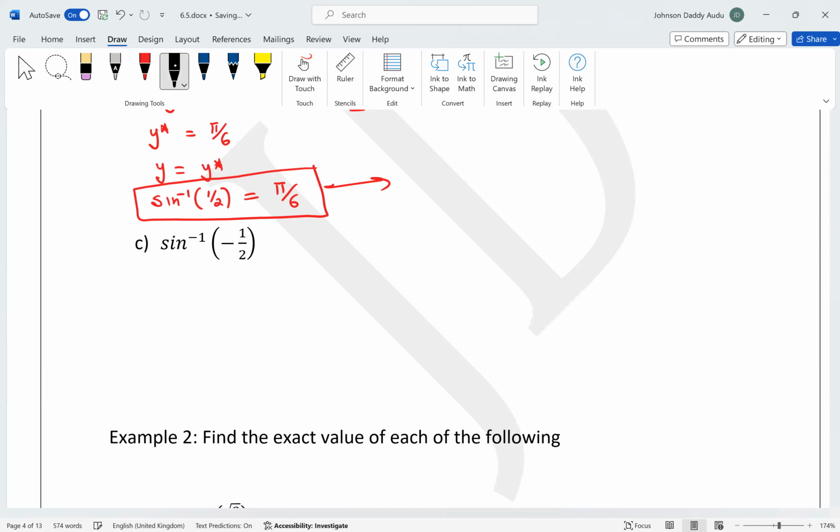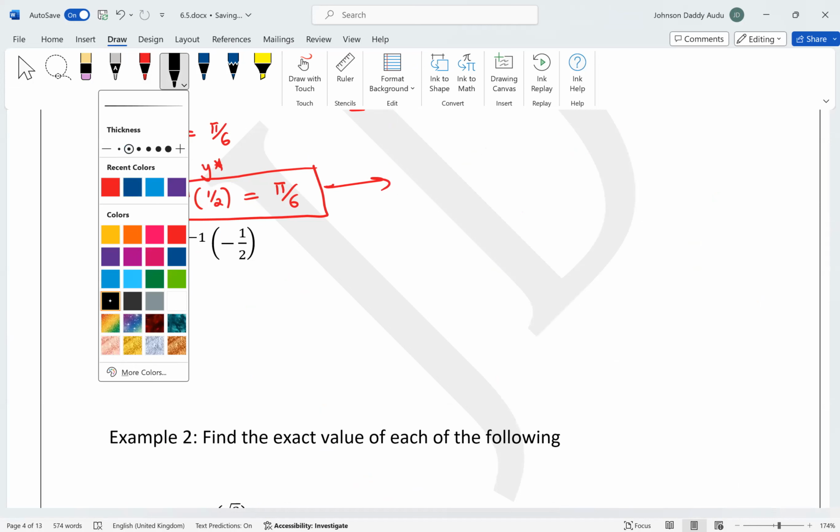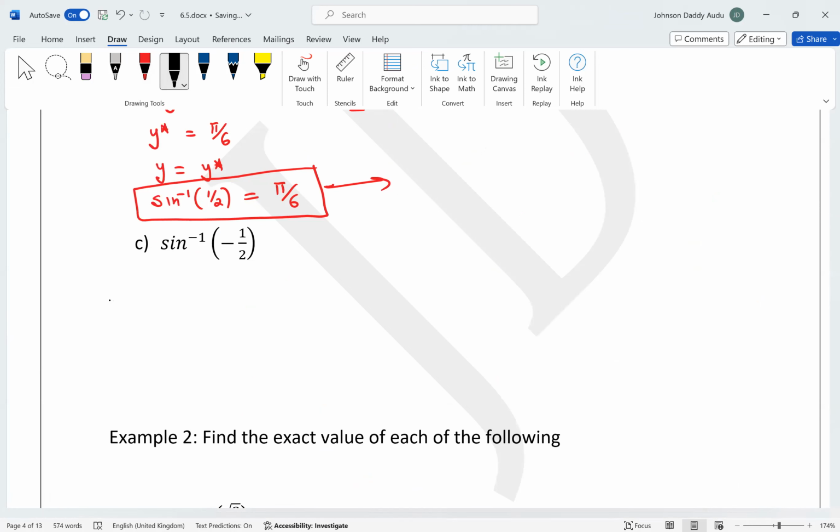If you take the sine of both sides, let's take sine of pi over 6, is it going to give us 1 over 2? Yes, because sine pi over 6 is the same thing as sine 30, which is half. So it means the solution is correct. So this is how to check. All you need to do is take the sine of the angle here and see if it gives you back what you have from the domain of sine inverse.